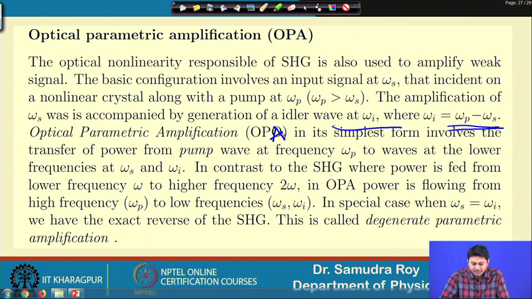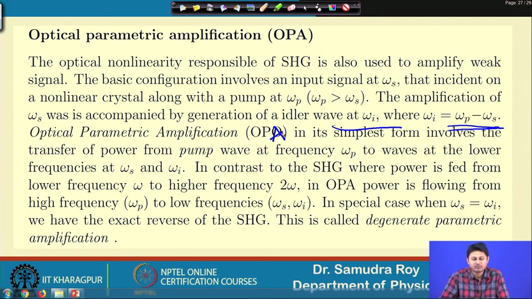But in optical parametric amplification in general, we can also amplify lower frequencies which are non-degenerate. But when omega s and omega I are the same, then it is the degenerate case. We call it degenerate parametric amplification, which we have already studied.